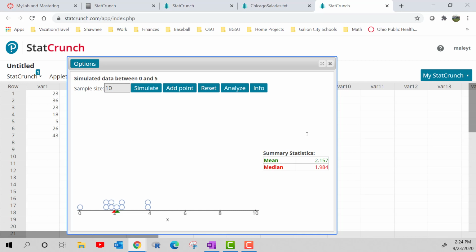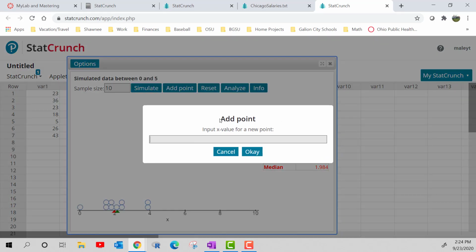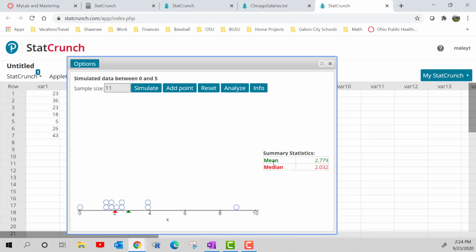If we compare that to adding in the point of 9, what you'll notice is the median stayed roughly the same, but the mean changed pretty drastically. So the median stayed about the same, but the mean got higher. And again, it's because I added this outlier, this extreme value on the right side.